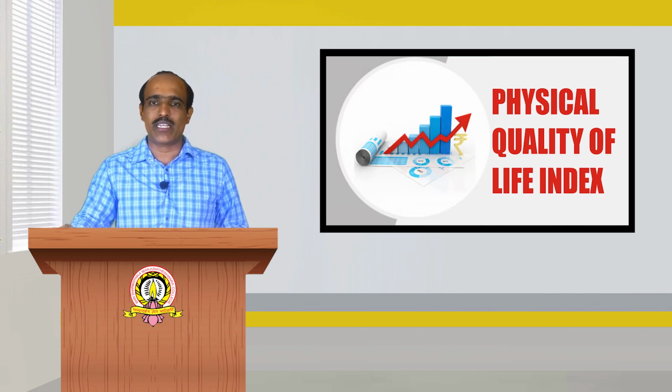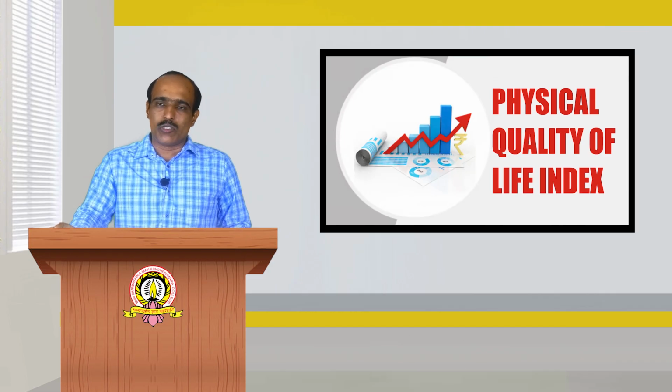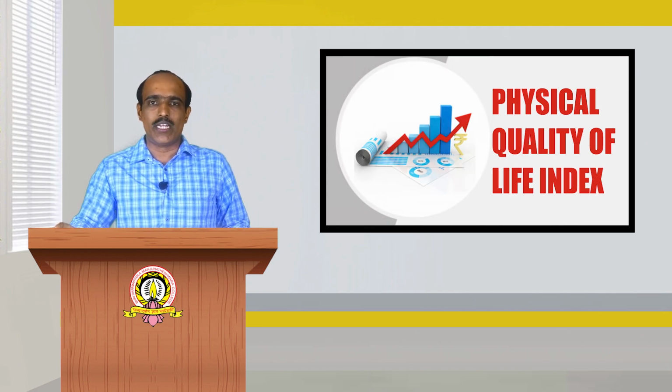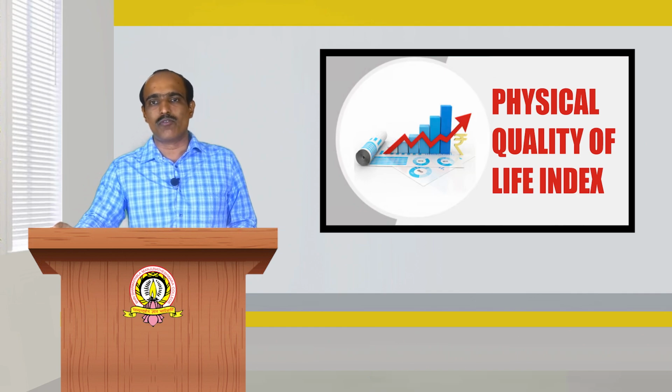And in this slide, you can see the picture of the person who developed the physical quality of life index, Morris D. Morris. As I already told you, PQLI stands for Physical Quality of Life Index, which measures the country's well-being or quality of life of the people.